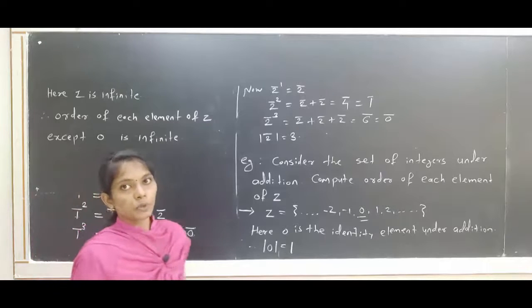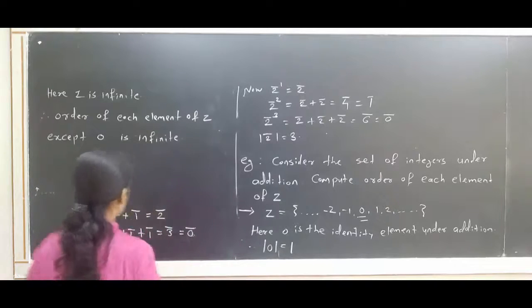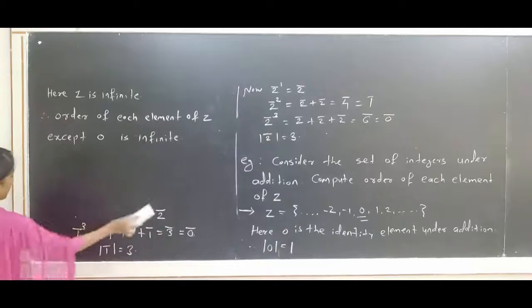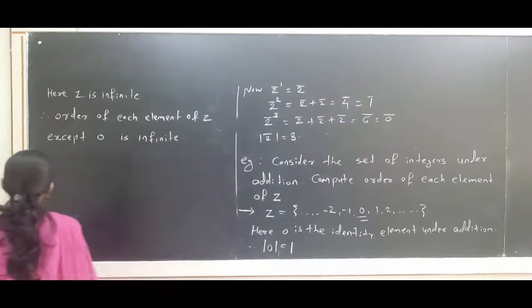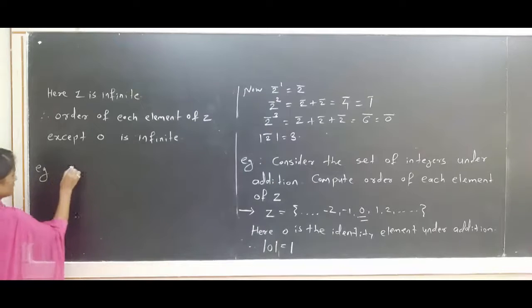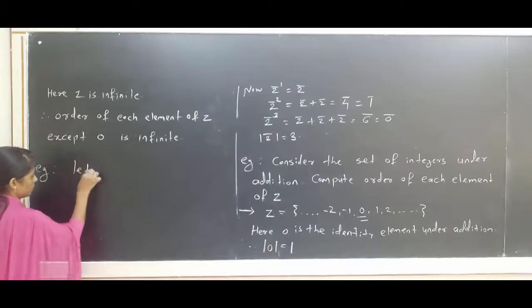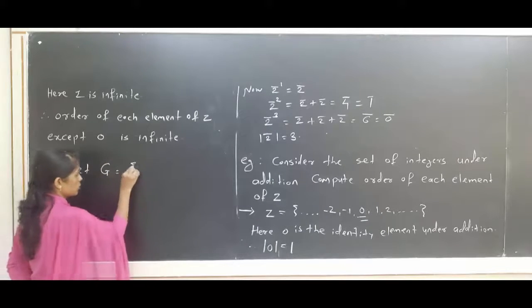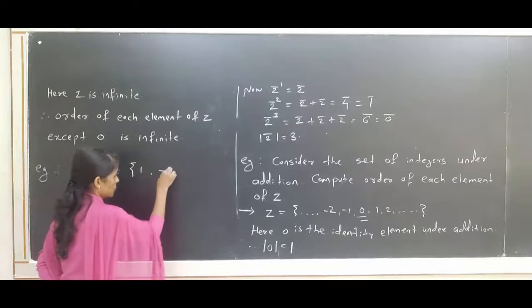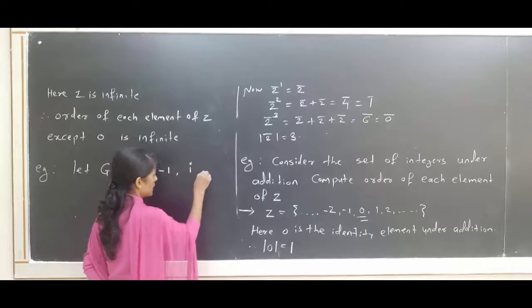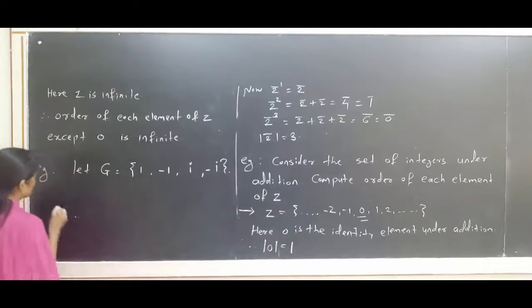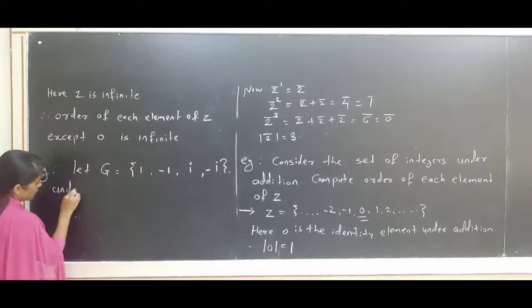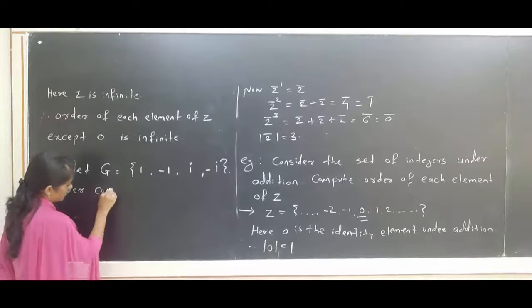Get it? Okay. Now we take the next example. Let G be equal to {1, minus 1, i, minus i}. This set is given under complex multiplication.